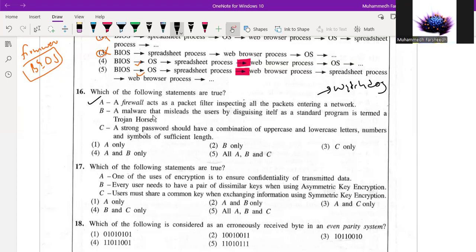Okay, second one, a malware that misleads users. Malware means malicious software that is created for a malicious purpose that harms the system or the person, anything that it can harm, we call malware. It misleads the users by disguising itself as a standard program and is termed a Trojan horse. We just call it a Trojan.